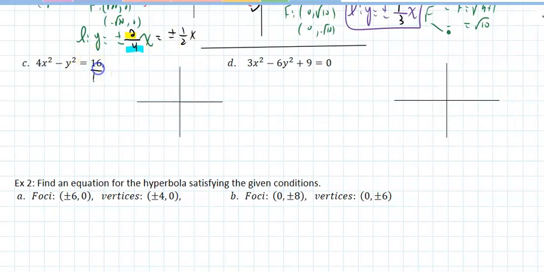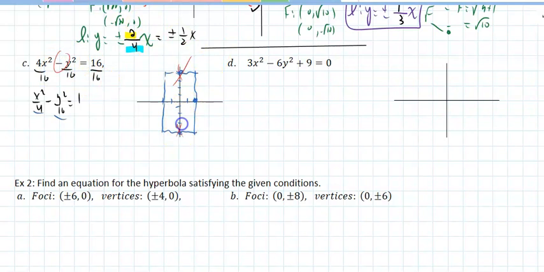So here I want to make that a 1. X squared over 4 minus y squared over 16 equals 1. So I start 2 in the x, 4 in the y, create the rectangular box. Again, it has nothing to do with which of those is bigger. It has to do with where the negative is. The negative is in front of the y.